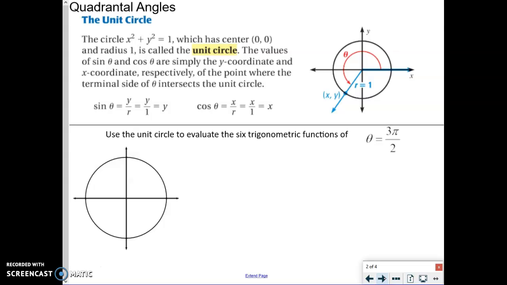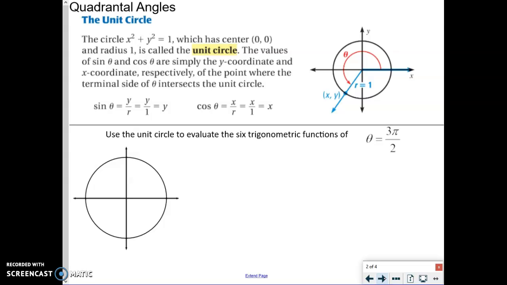So now what I'd like to take a look at is a little bit of what quadrantal angles are and what the unit circle is. First of all, the quadrantal angles are the angles whose terminal side lands right on the x or y axis.